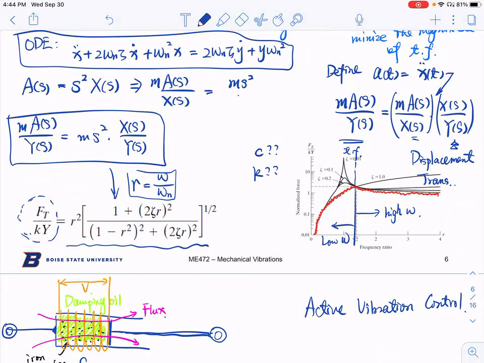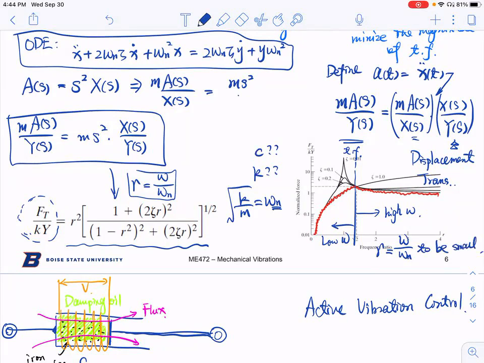When you design K, always remember that K and M together are going to determine your natural frequency, okay? In this case, you want your omega over omega n, which is your frequency ratio, to be small, right?